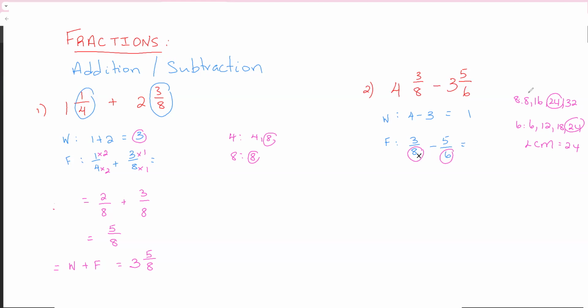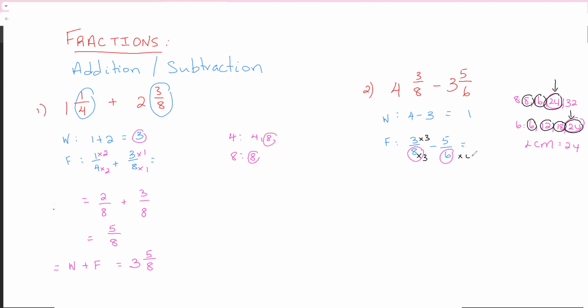So looking at the 8 times table, in order to reach 24, we had to cross 1, 2, 3 sturdy rocks. So we had to multiply 8 times 3. Whatever you do to the bottom, you do it to the top. In order to make 6 into 24, we had to cross 1, 2, 3, 4 sturdy rocks.